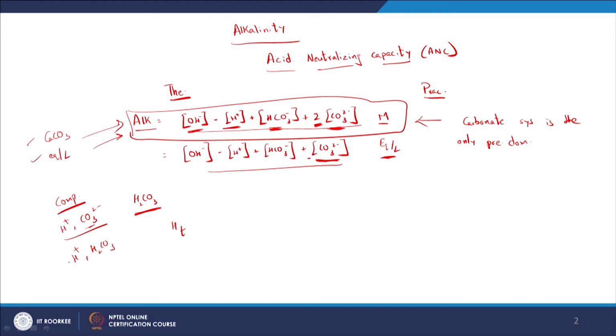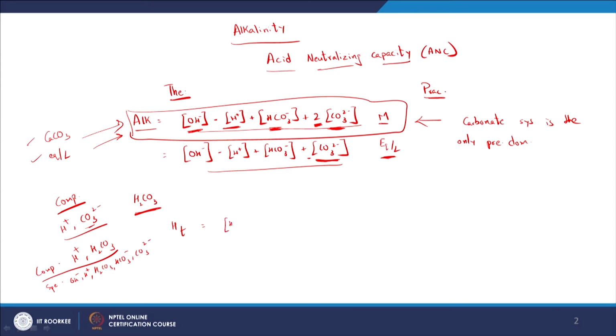And what are our species here? So, the new components that I am considering are H plus and H2CO3, and what are the species? OH minus, H plus, and what else? H2CO3, HCO3 minus, and CO3 2 minus, and this obviously is in the closed system, right. So, H total is going to be equal to what now?